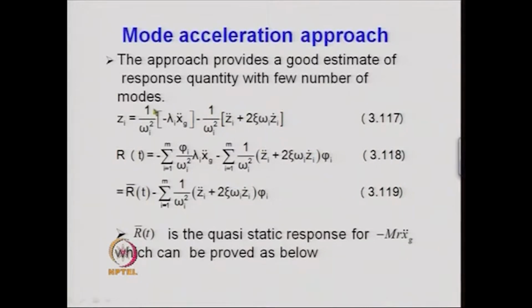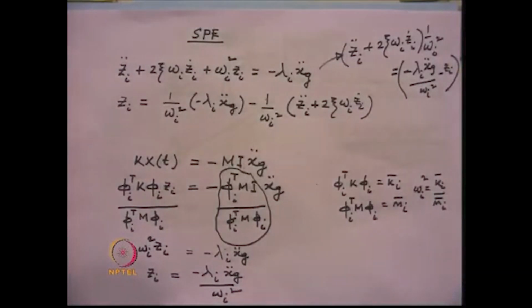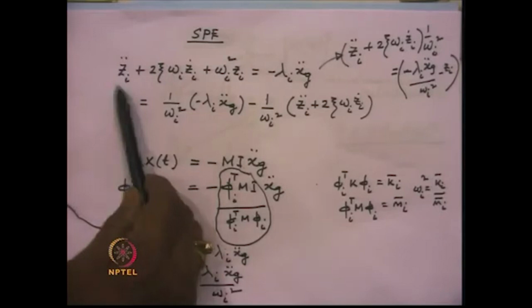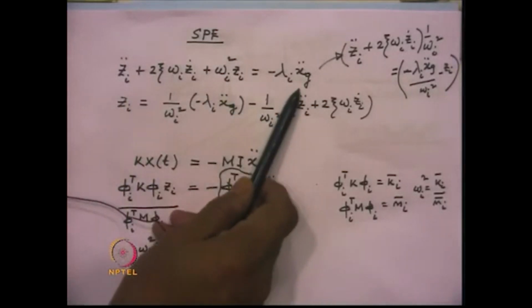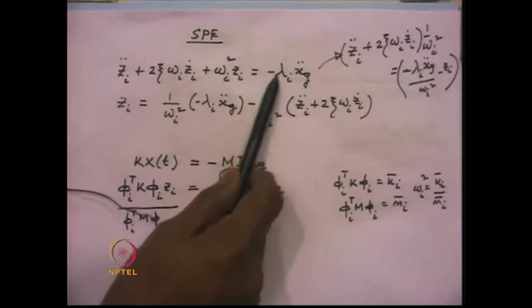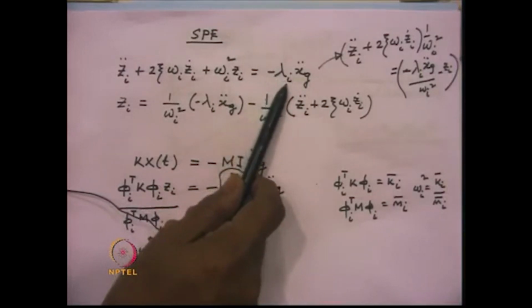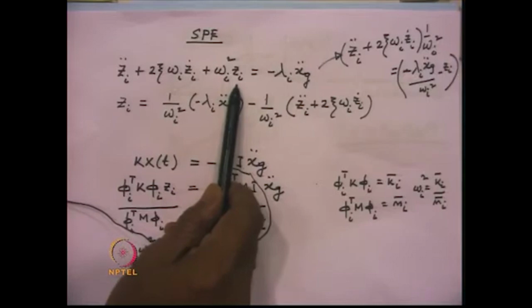If we write down the equation of motion for the ith mode, then the equation would look like this, where lambda I is the mode participation factor in the ith mode, and z I is the generalized displacement in the ith mode.